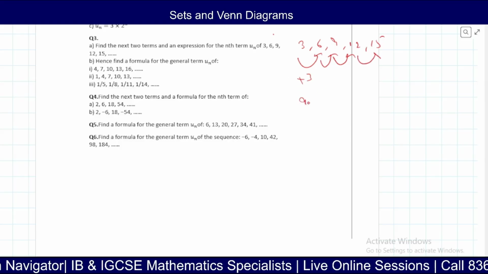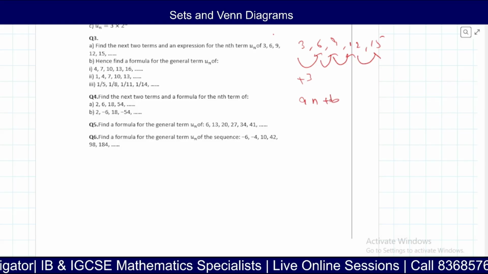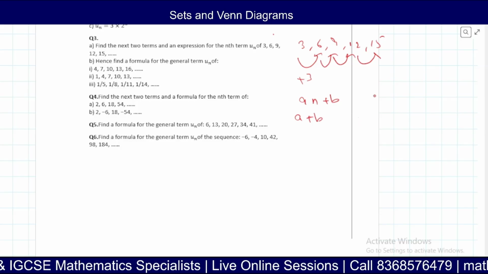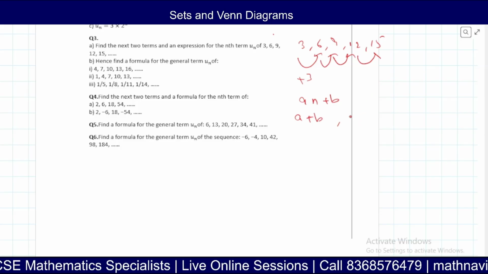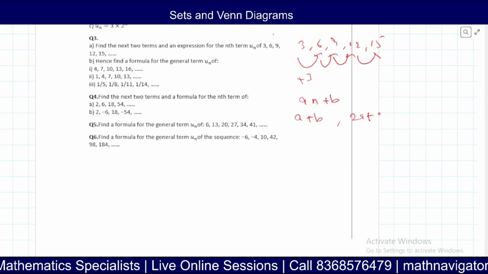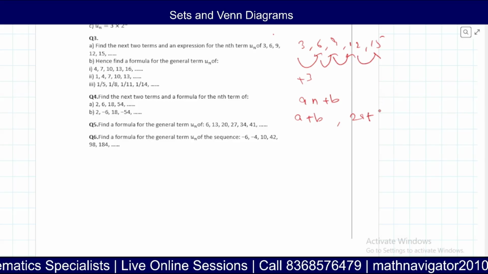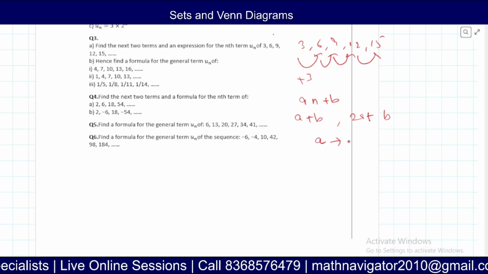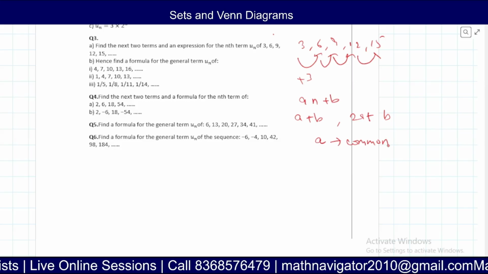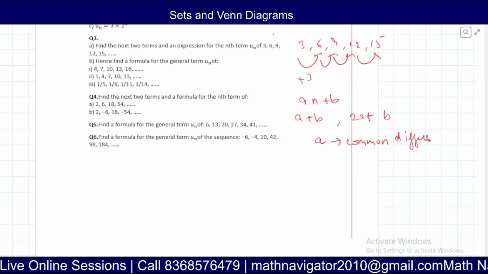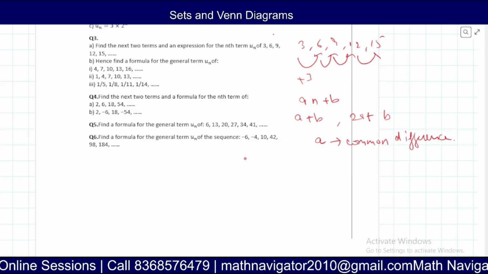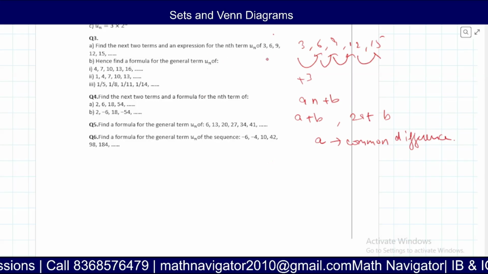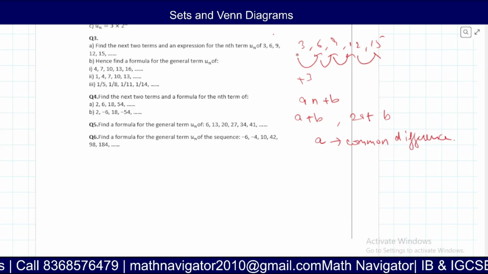So if I have an + b, my first term is a + b, and my second term is 2a + b. If I subtract, I get a. A is my common difference. So my common difference here is a, which is 6 minus 3, which is 3.